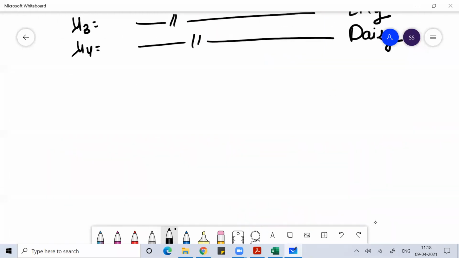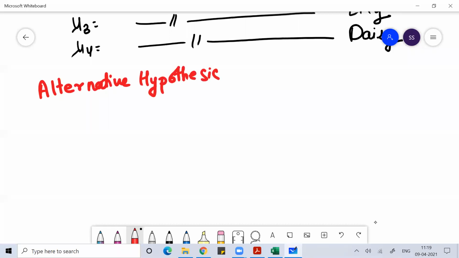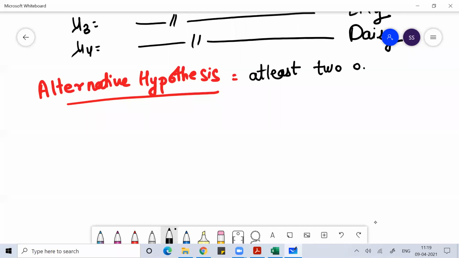Now in the alternative hypothesis, I'll write that at least two of the fragrances' average sales are different.